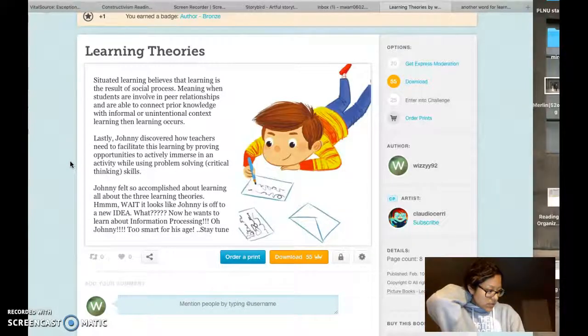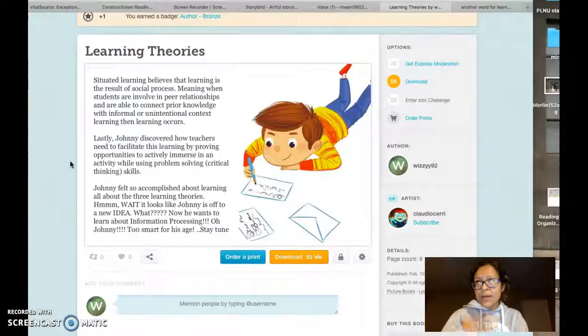So the main goal of situated learning was for students to be actively part of the learning experience, and we as teachers need to facilitate that by providing problem solving or critical thinking skills and daily content.